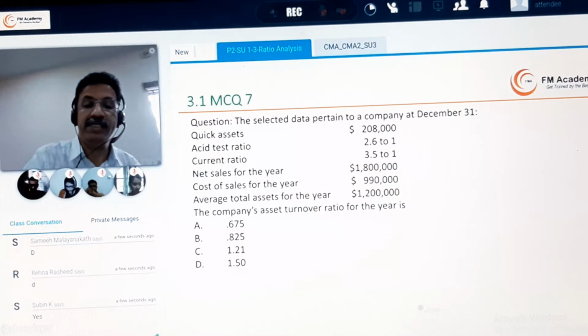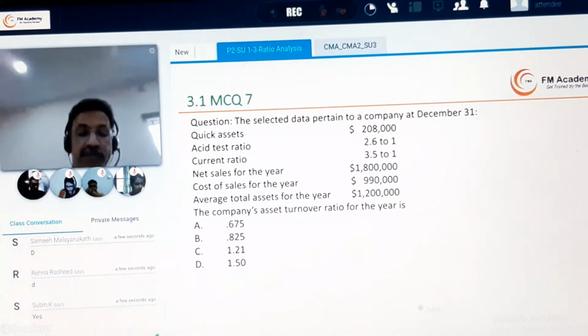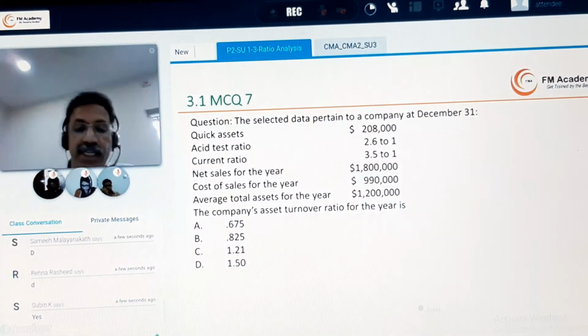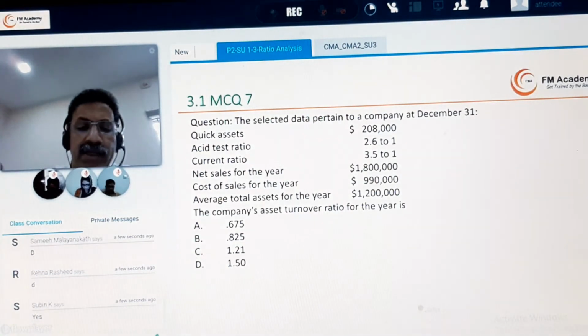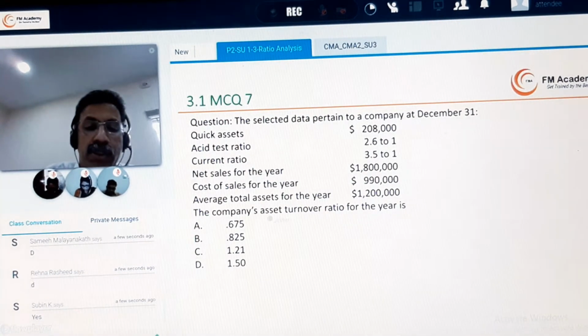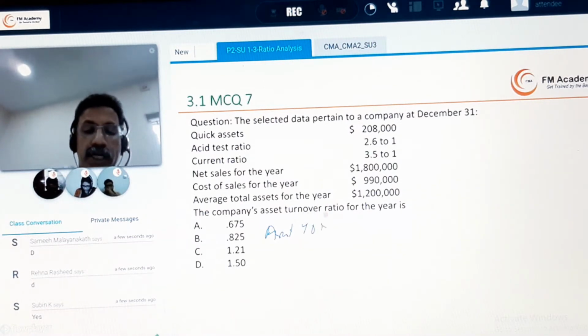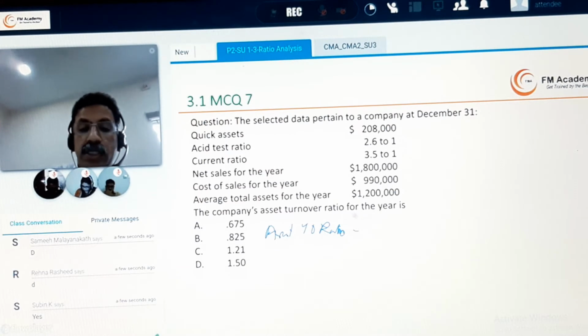The company's asset turnover ratio for the year. What is asset turnover ratio? Asset turnover ratio is turnover divided by average assets. Average total assets is given as 1.2 million.